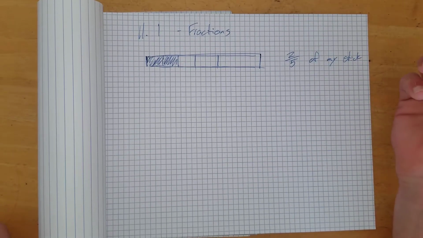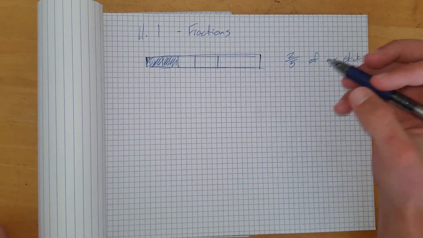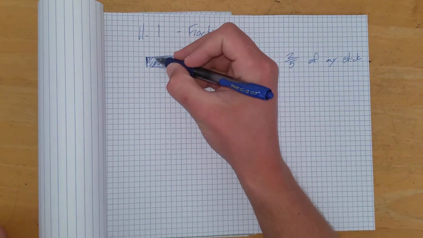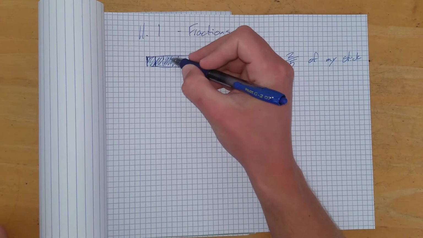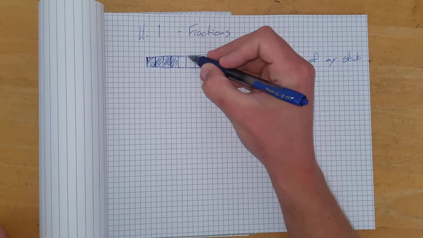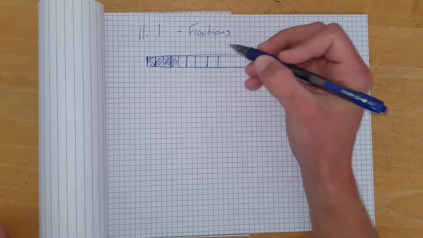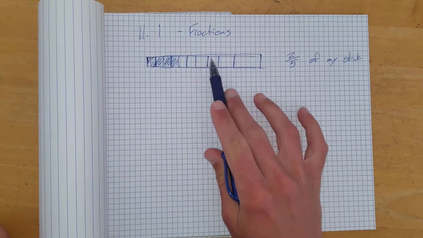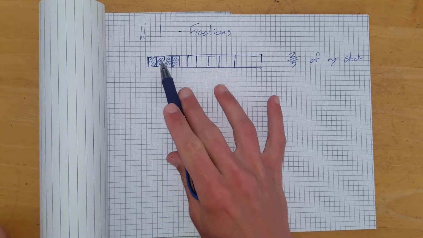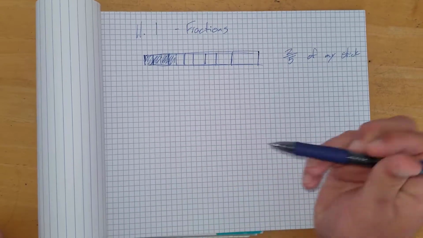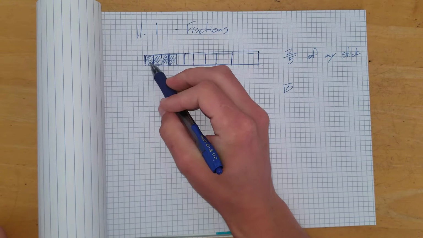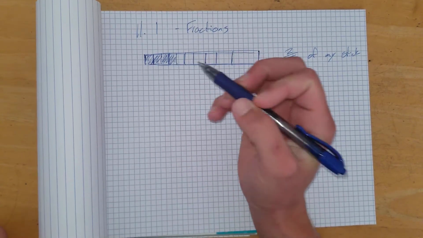So there's ways that fractions are equivalent, right? Let's say I take this same stick and I want to break each piece into 2 pieces. So now I have 10 pieces, and I have 4 that are colored in.